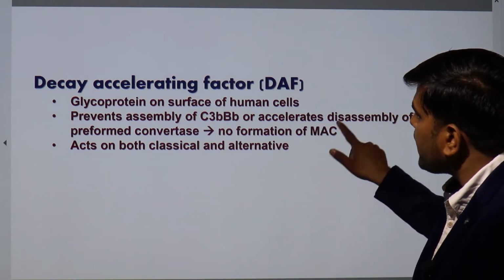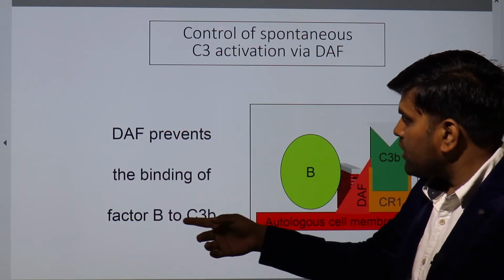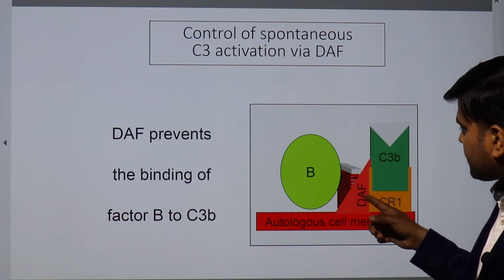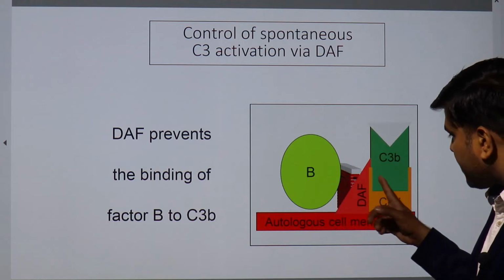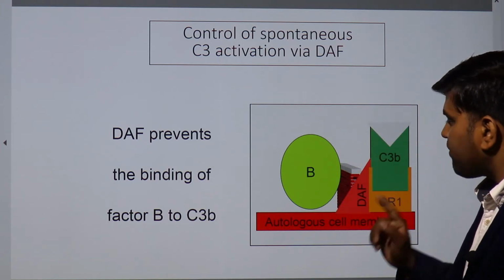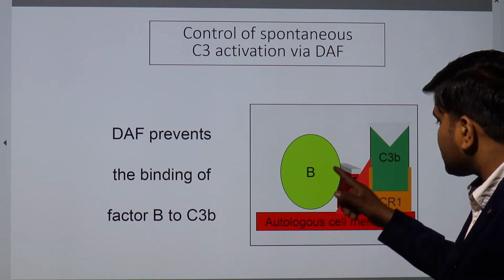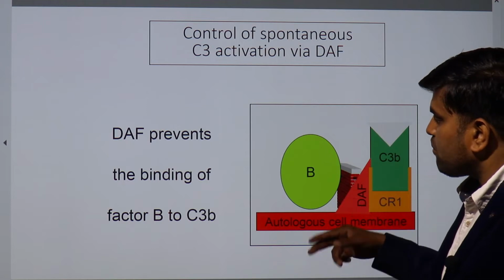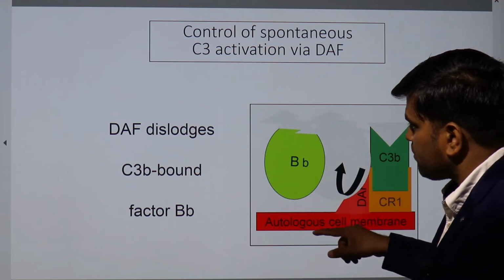The complement pathway will be activated. This DAF prevents the binding of factor B to the C3b. You can see C3b is here. This DAF is preventing this big B and small b from binding over here in the normal resting stage. If by any means this DAF is absent, then this B gets the chance, automatically without any stimulus, to bind to this, and the alternative complement pathway will be activated.